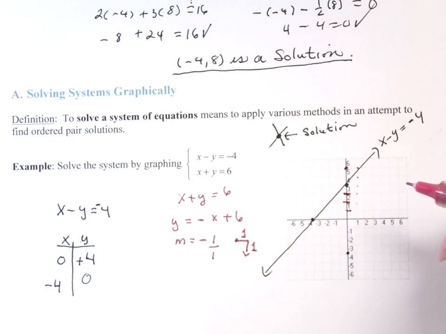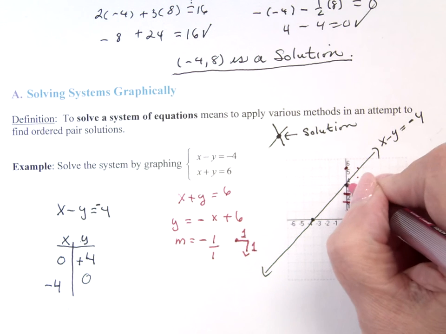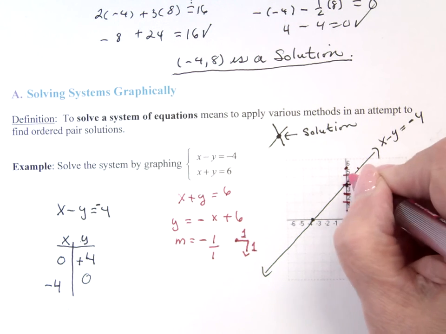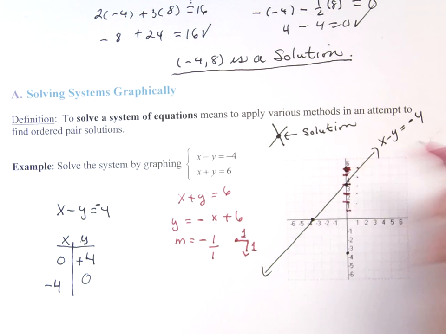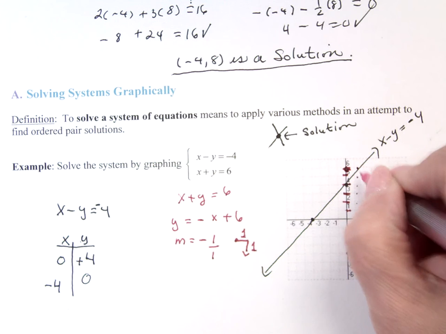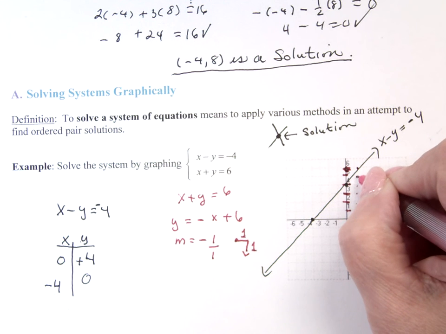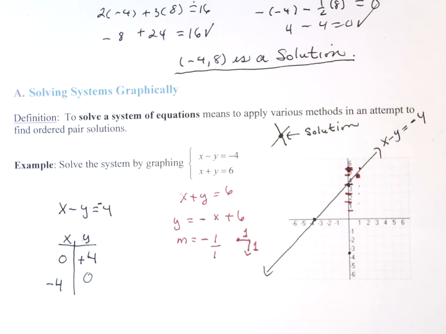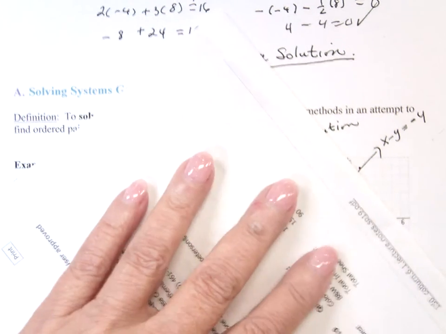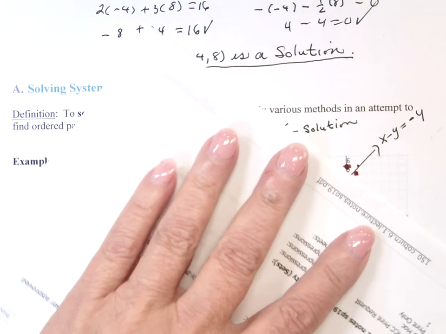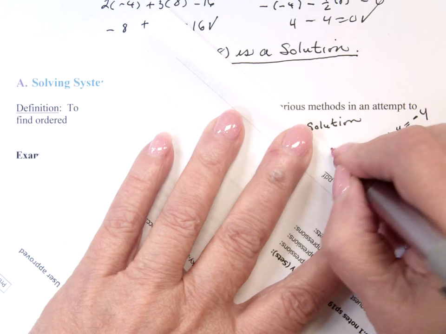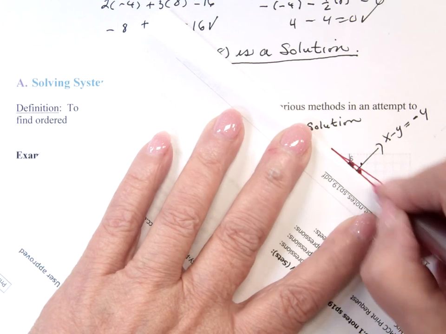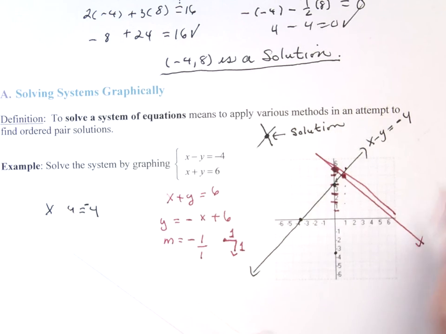Because there's, no, I'm okay. That's 4, 5, 6. So 6, over 1, down 1. Oops, can't even draw a straight line with a straight edge.